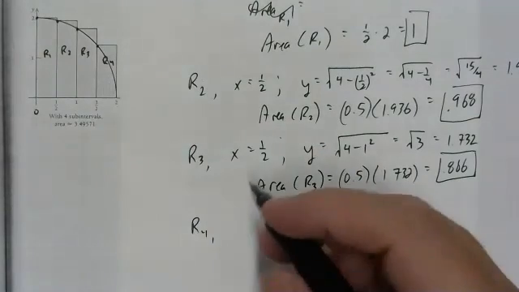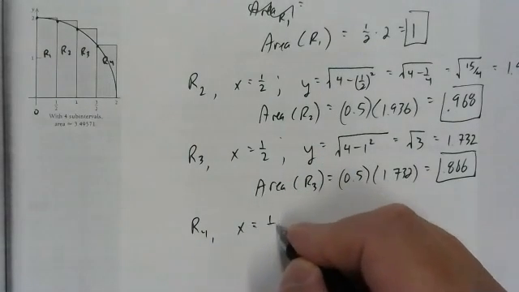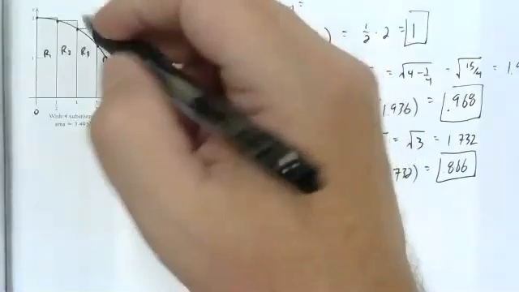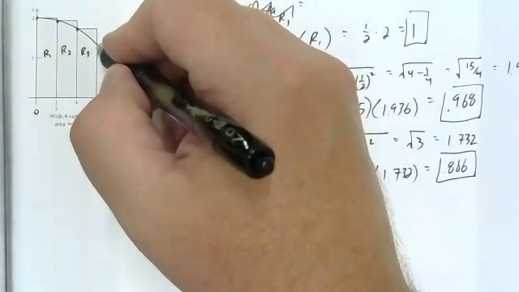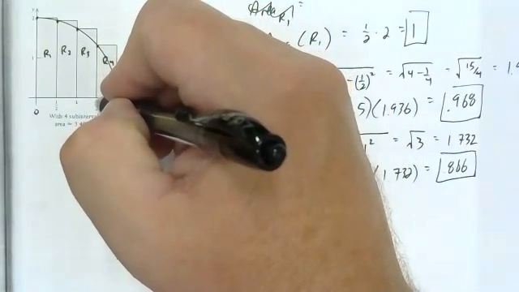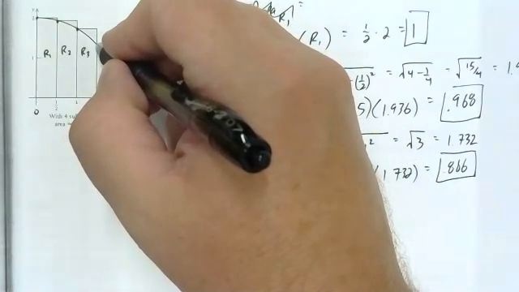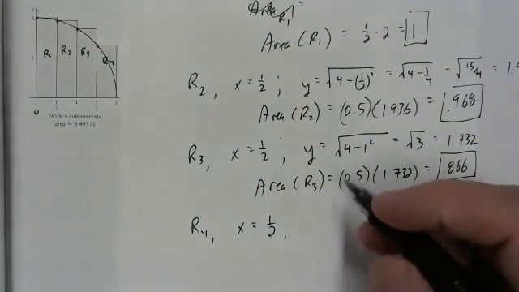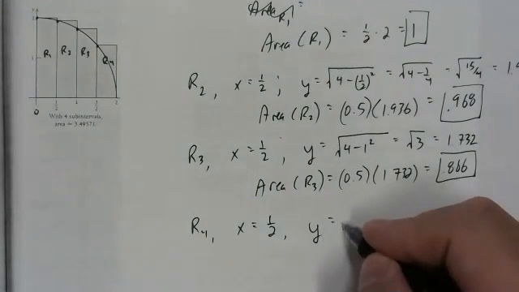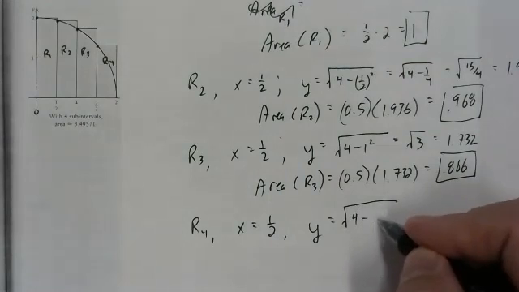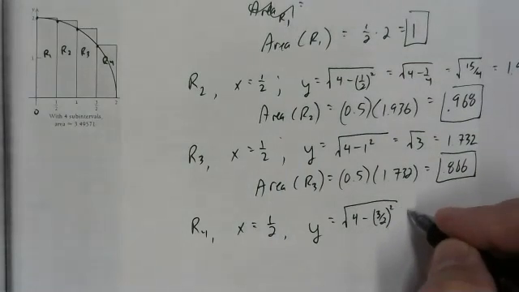So for the last rectangle, once again, my width is 1/2. I need to get the height of the rectangle. That means when x is 3/2 or 1.5, I plug it into the equation and find the value of y here. So y is the square root of 4 minus 3/2 squared.